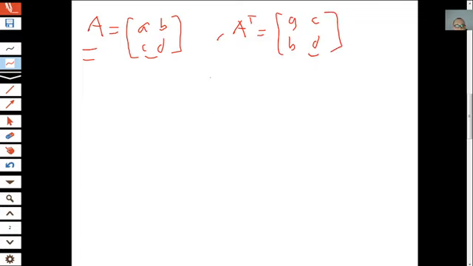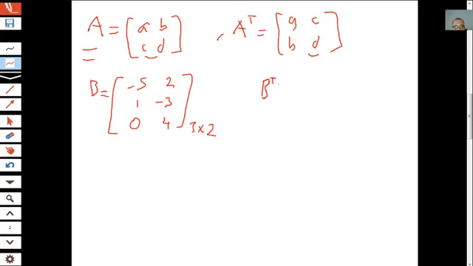Another example. Minus 5, 1, 0, 2, minus 3, 4. We have a 3 by 2 matrix. So the transpose of this matrix will be 2 by 3.